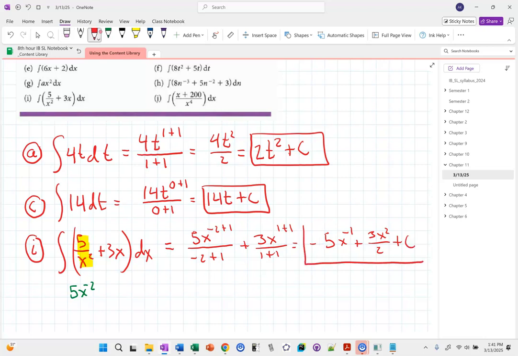And if I wanted to, I could write that as negative 5 over x, which is fine. Or I can leave it like this, unless the directions specify that they don't want negative exponents or something. Either answer is okay.